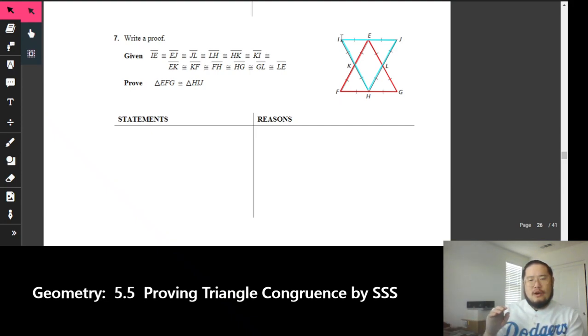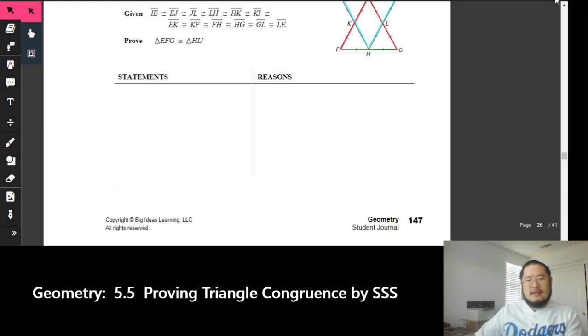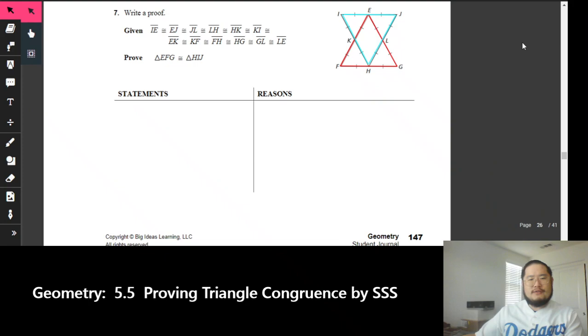Our story here is supposed to be that triangle EFG is congruent to triangle HIJ. You can see the two triangles highlighted with the two different colors there.